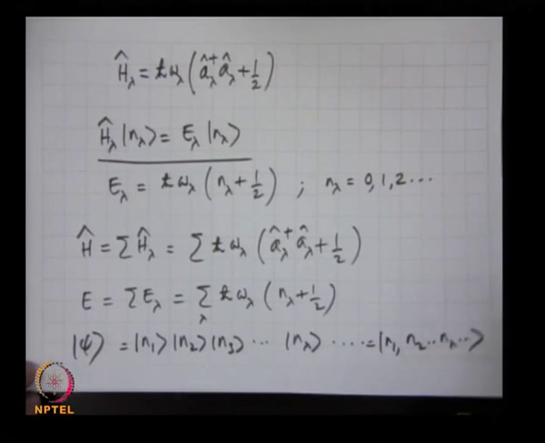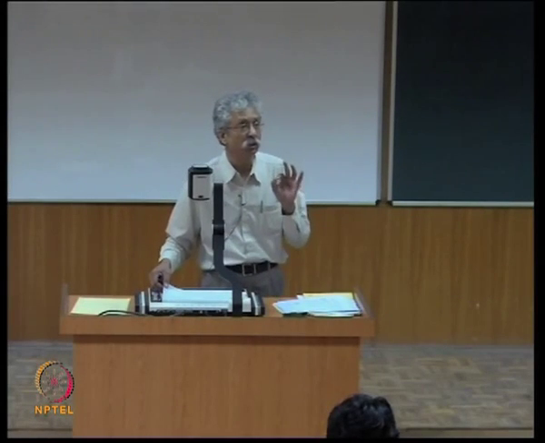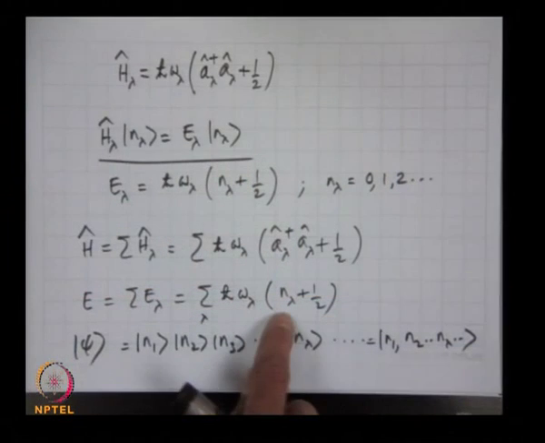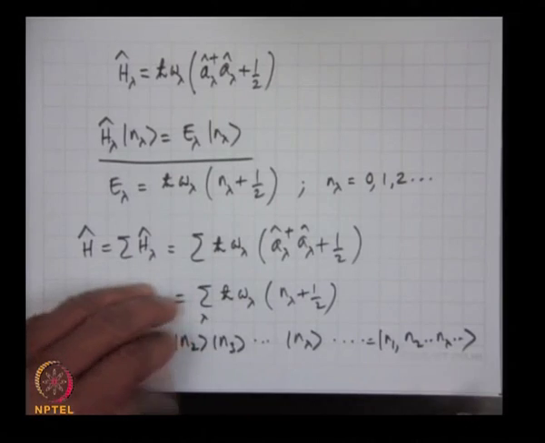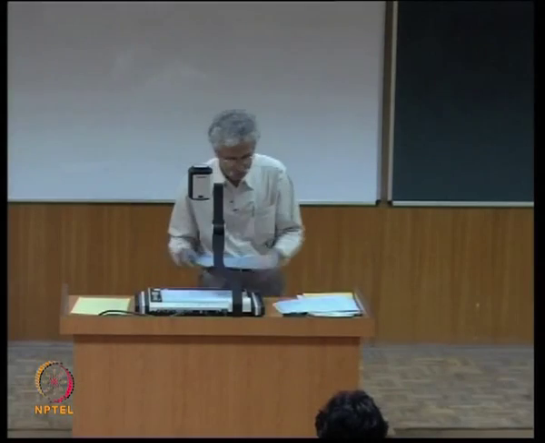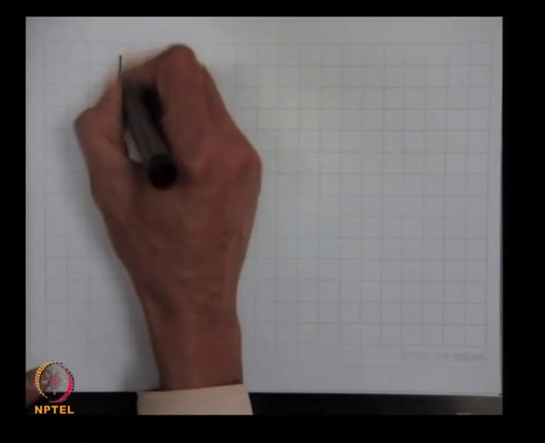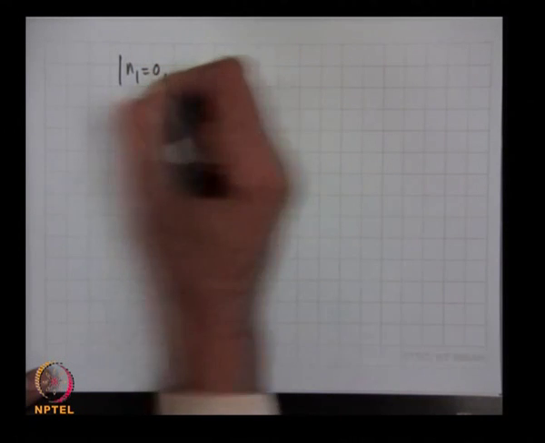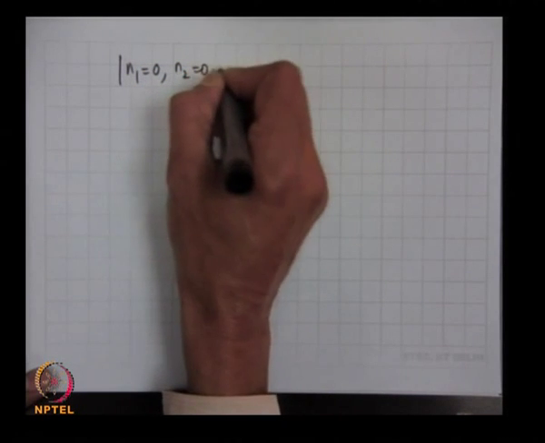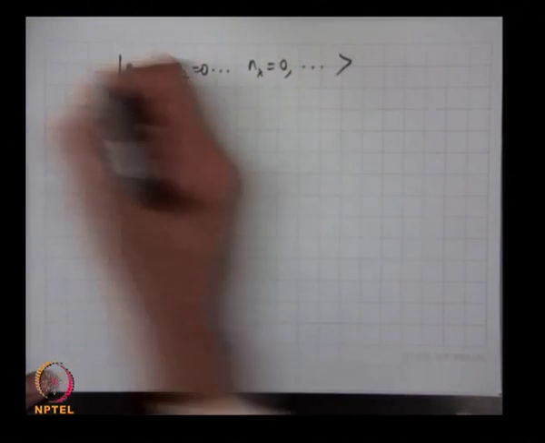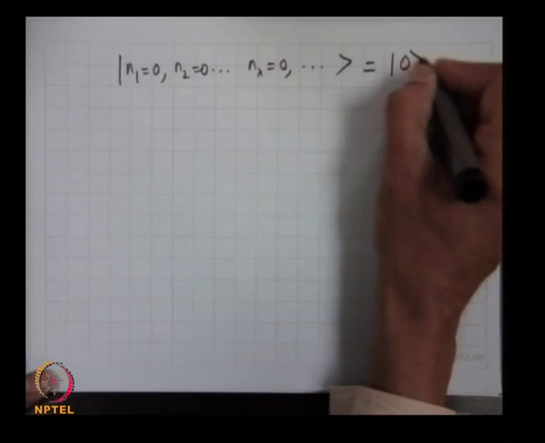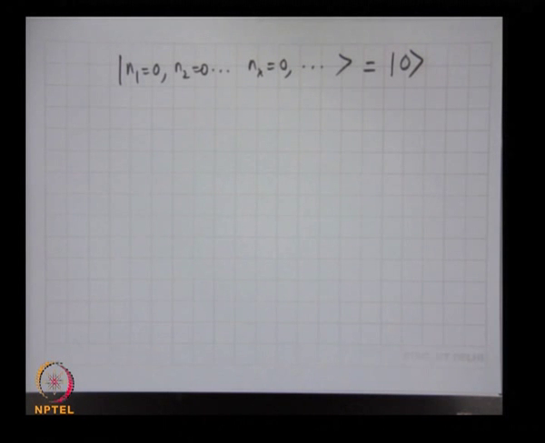What is the lowest energy state possible, when all n lambdas are 0? That is the lowest energy state, and it corresponds to a state which will look like this: n1 is equal to 0, n2 is equal to 0, n lambda is equal to 0, which is usually written as the 0 ket.